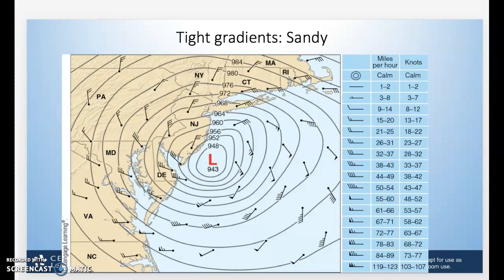Especially when there's no friction out over the ocean, you can see where those pressure gradients are tight. Those are some of the strongest winds that you see on the map. Where those pressure gradients are over land, where there is more friction, and where they are broader, you see that the winds are really quite a bit lighter.